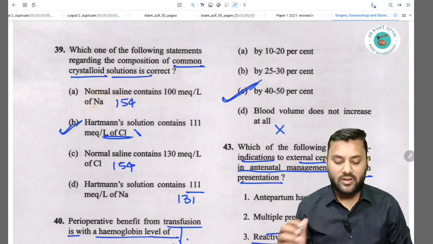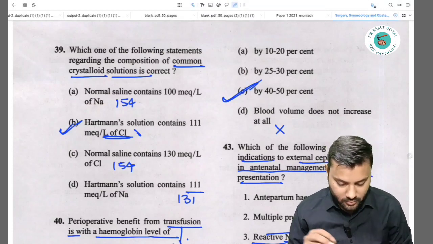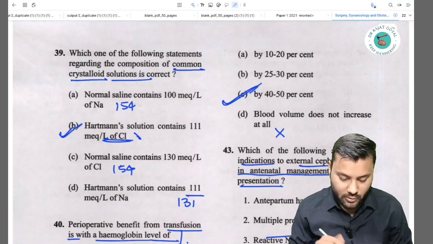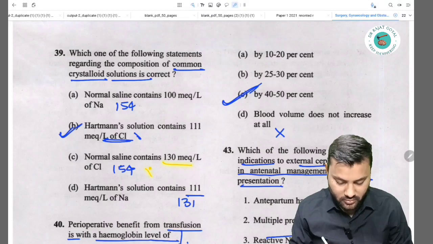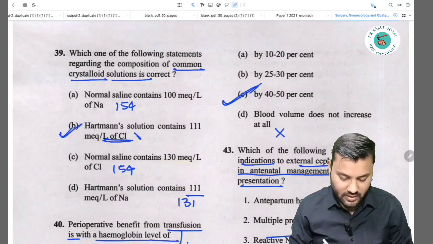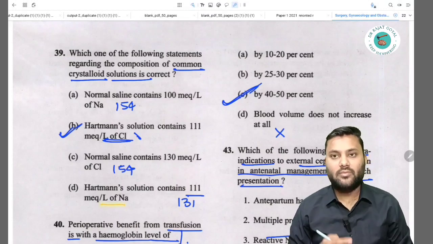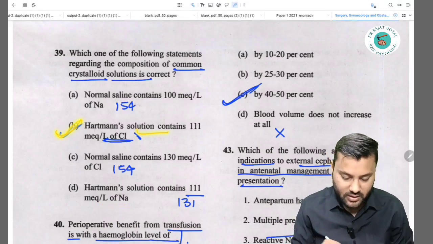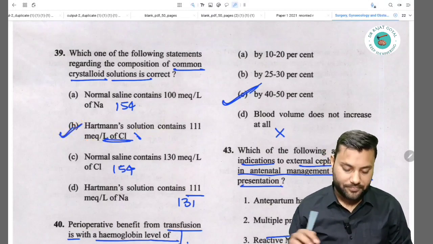No, this is incorrect because it contains 154 milliequivalent of sodium. So Hartmann solution contains 111 milliequivalent of chloride. This is true. Normal saline contains 130, no, 154 we have already seen, and Hartmann solution contains 111 of sodium. No, this is 131. So here the answer will be Hartmann solution containing 111 milliequivalent per liter of chloride.